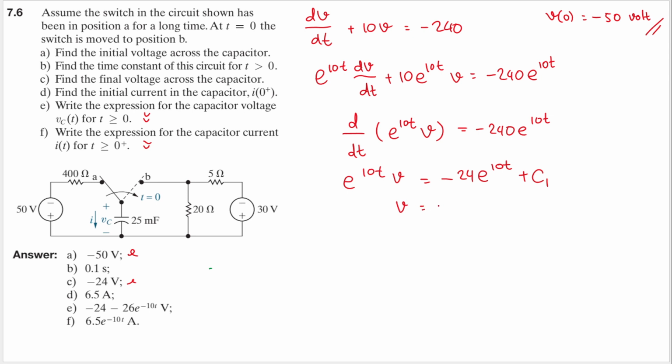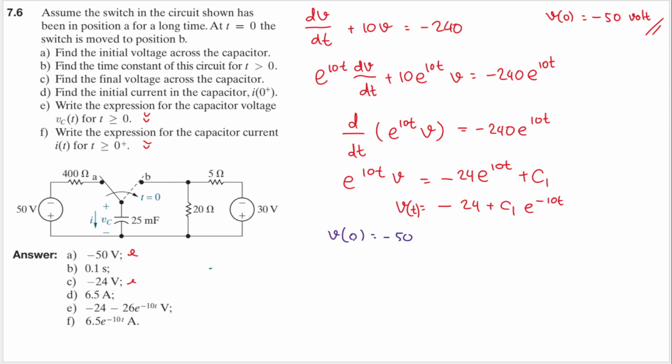So we will have V is equal to minus 24 plus c1 e to the minus 10t. Okay, now our job is to find out what is the c1 there. But we know that v0 is minus 40.